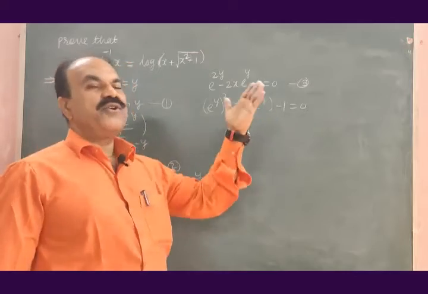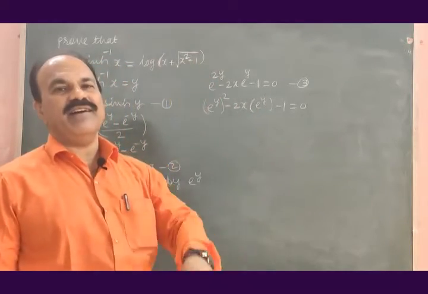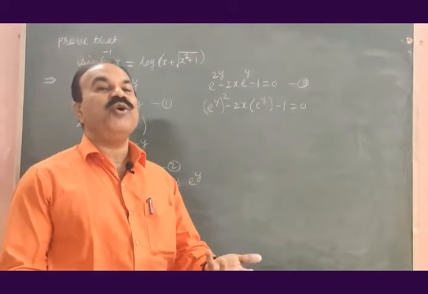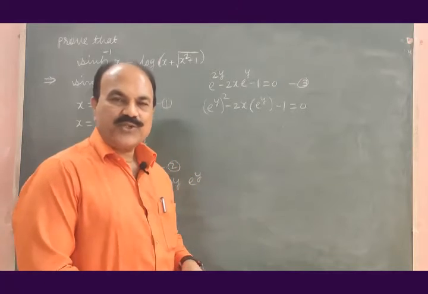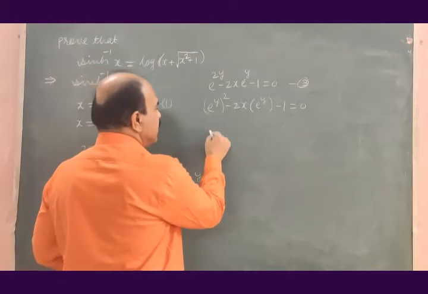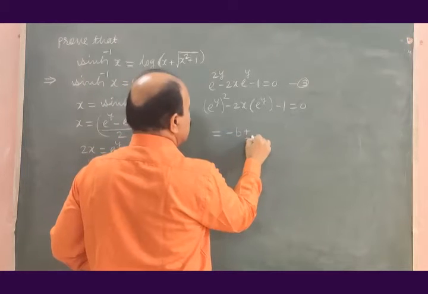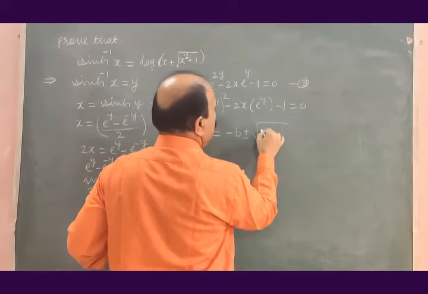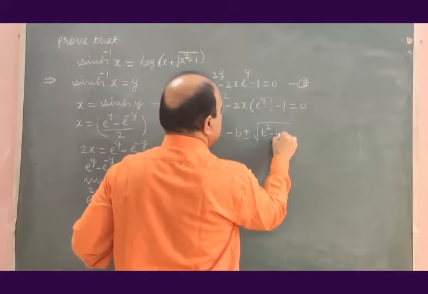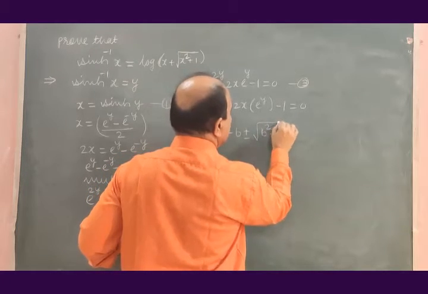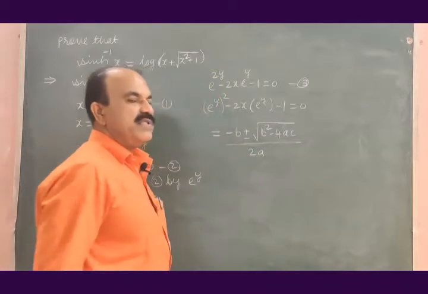Now this is a quadratic equation in e to the power y, and we know how to get the solution of a quadratic equation. The solution of a quadratic equation is minus b plus or minus square root of b square minus 4ac, whole divided by 2a, the general formula.